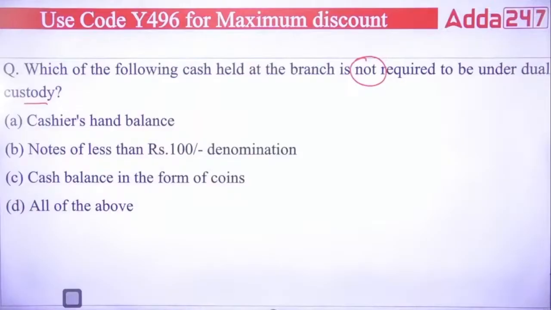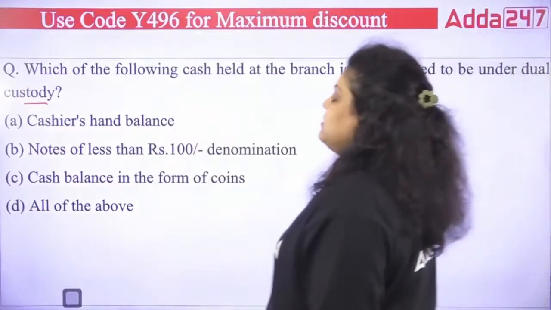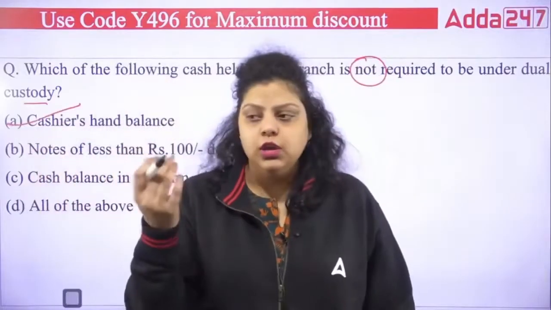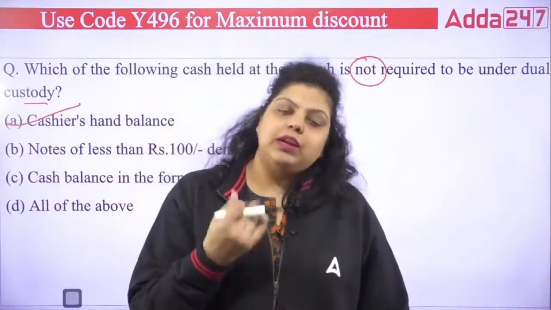Is it the cashier's hand balance, notes of less than 100 denomination, cash balances in the form of coins, or all of the above? The right answer is very obvious, the cashier's hand balance, because the cashier is performing the day-to-day transaction of accepting deposits and providing withdrawals.